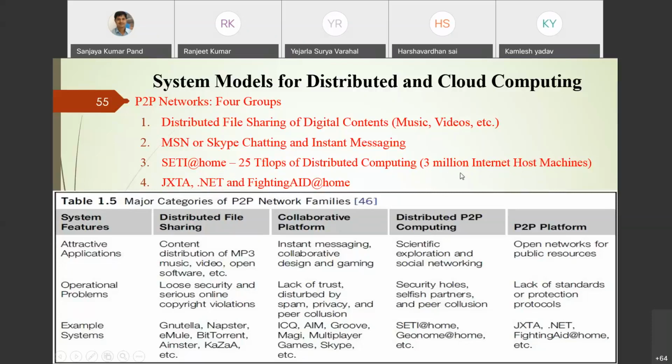The total number of machines live at a time is 3 million. These 3 million computers do not belong to a single organization; they belong to various organizations, and they generate 25 teraflops of computing. These 3 million computer systems give this much power so that you can execute a very big job in SETI at home.